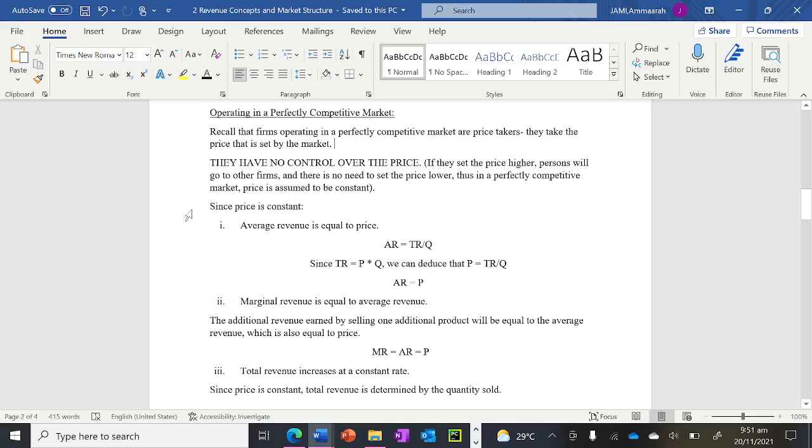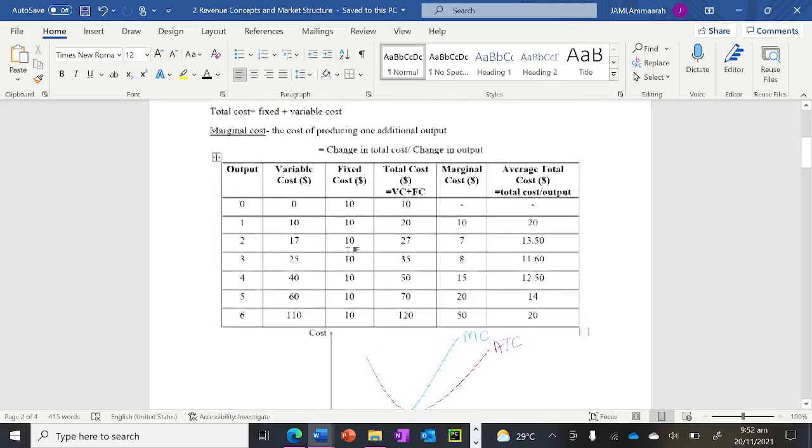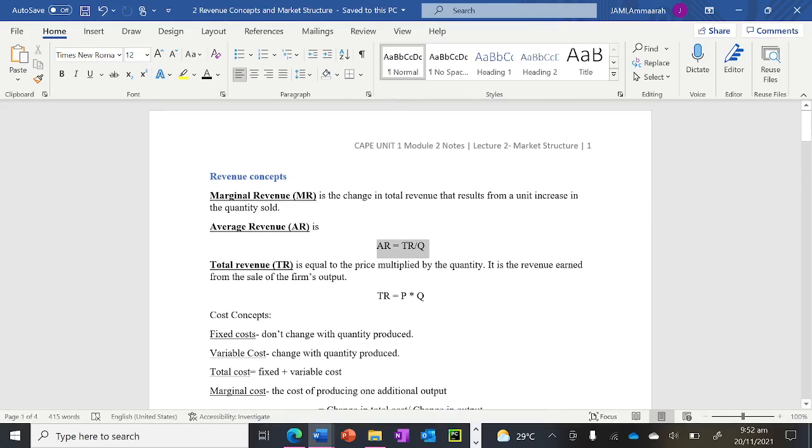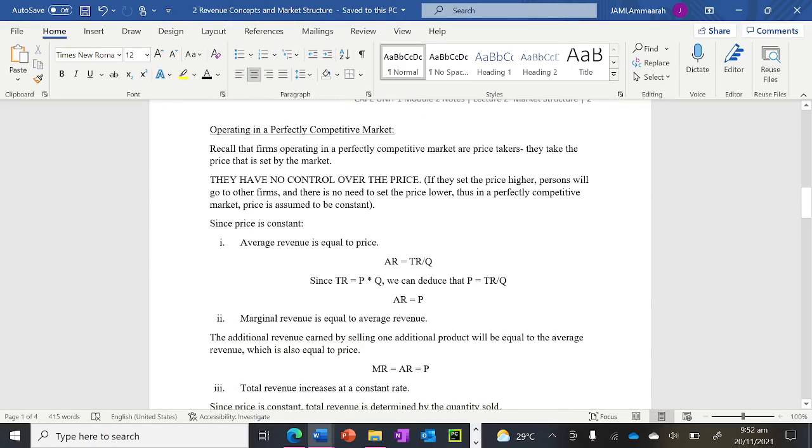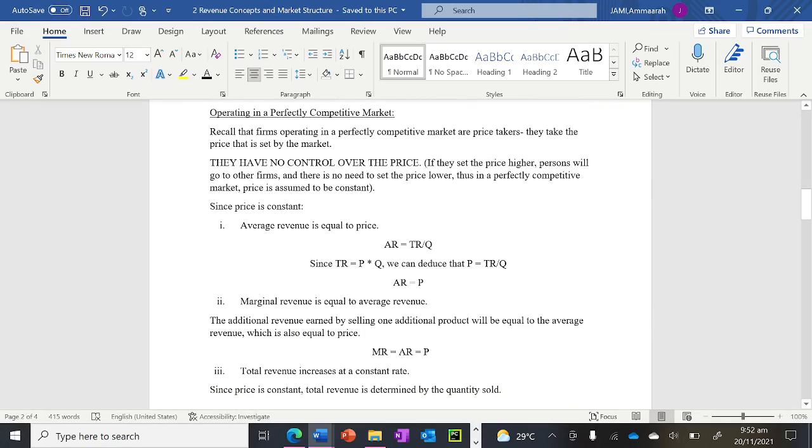So since price is constant, we know that average revenue is your total revenue over your quantity. What we did up here. And since the price is constant, total revenue is price times quantity, so we can say that average revenue is equal to price.